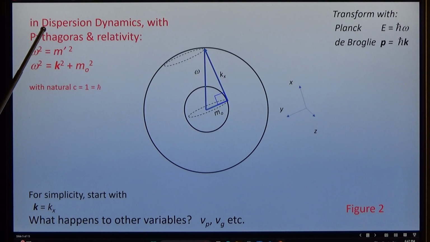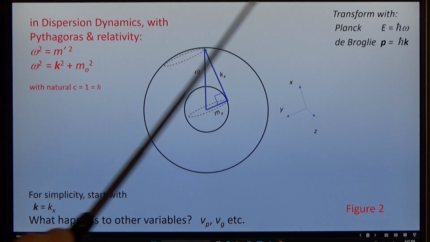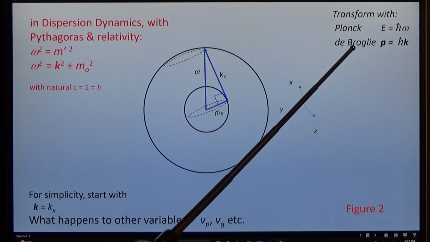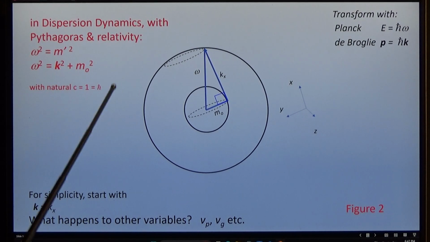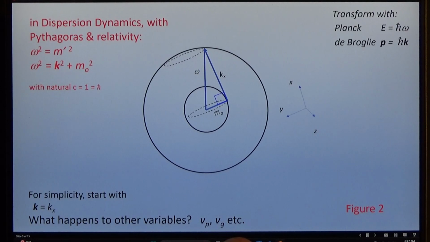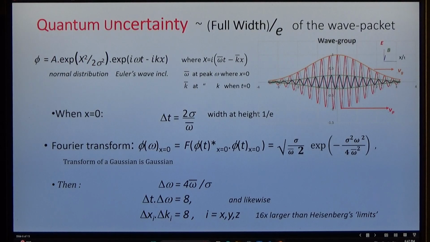To view those, we will move to dispersion dynamics using Planck's law and the de Broglie relationship, and find omega squared is k squared plus m squared in natural units. And 2 preliminaries, the quantum uncertainty.